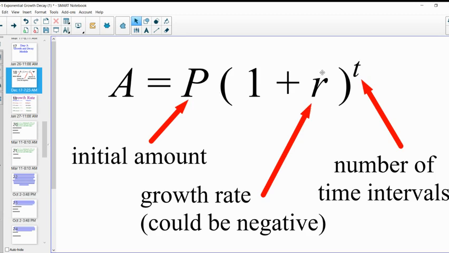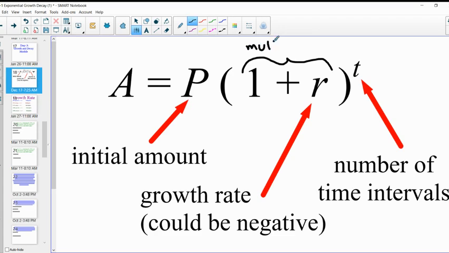This 1 plus r looks more complicated. But I will say that 1 plus r, we can think of that as our multiplier. So we can think of that kind of like we thought of b in the previous formula. And you're going to have to bear with me. I am writing with my mouse, so it'll be a little bit more sloppy than we might be used to.